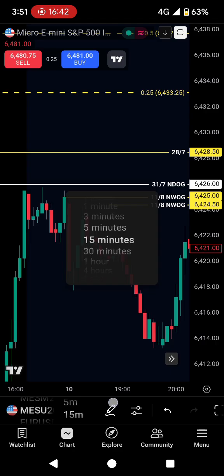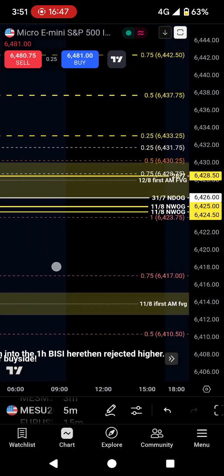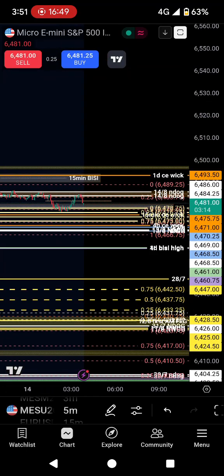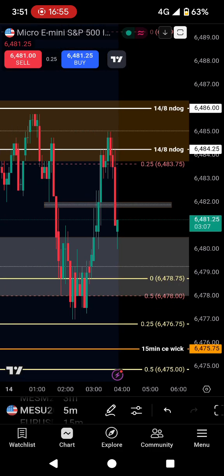Sorry, we have it. Anyway, let's go back. The new week opening gap is far below us right now. This is the 5 minute chart.